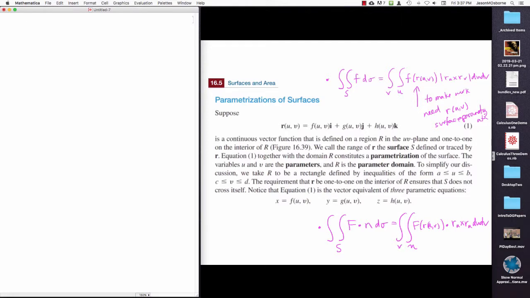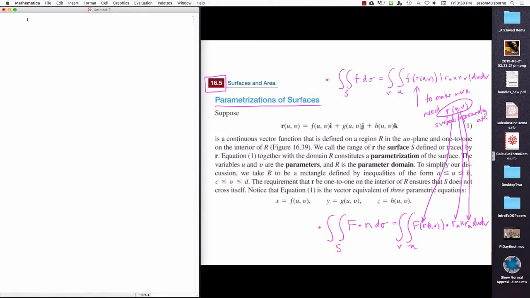Again, we need r(u,v) to plug into the vector field and also to compute these first derivatives. So the key to getting started is simply parametrizing the surface, which is what is done in section 16.5.